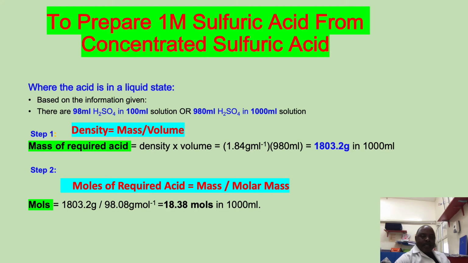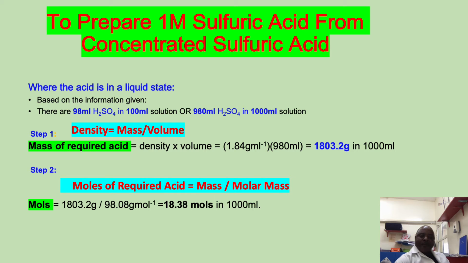In that case, based on the information that has been given, we will equate 98% as 98 ml of the acid in a 100 ml solution, or 980 ml of the acid in 1000 ml of the solution.